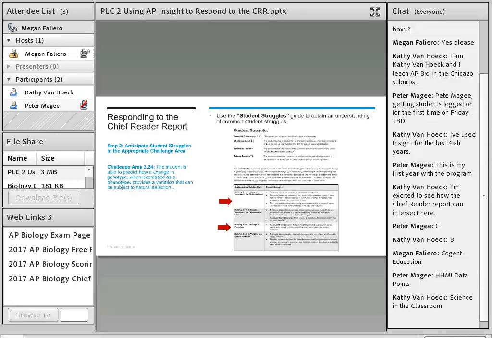Whereas my students were so good at Mendelian genetics and being able to predict inheritance patterns last year, this year is just a nightmare. It is their biggest struggle of the year so far. That is not specific to this challenge area 3.24, but there is a challenge area for that I am spending a whole bunch of time on right now.